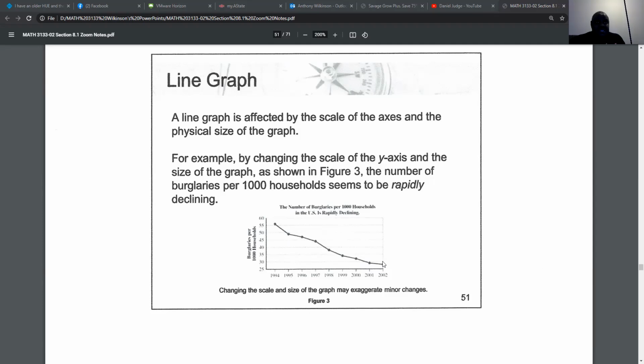So this graph can be quite deceiving to some people. This can be dependent upon how you set up your vertical axis and your horizontal axis. The vertical axis can make it look like this burglary rate is declining at a fast pace.